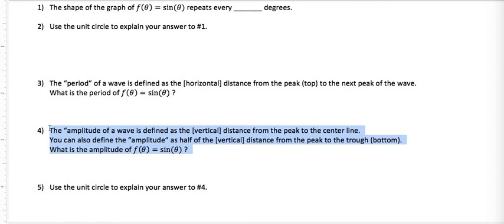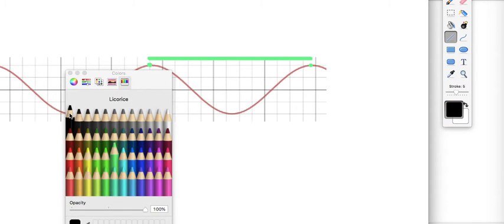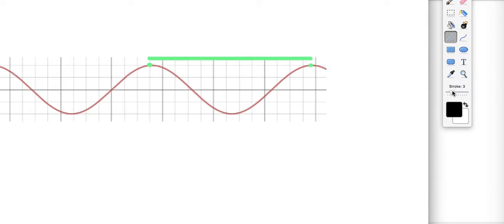Next, we're going to look at another thing called amplitude. Amplitude is the vertical distance from the peak to the center line. Let me show you what that looks like here. This line right here, that is your center line.